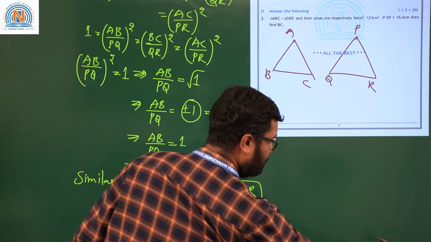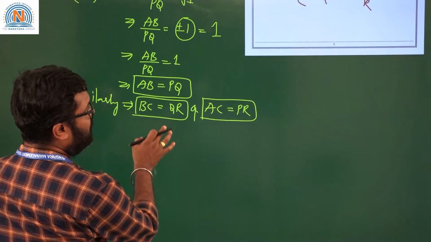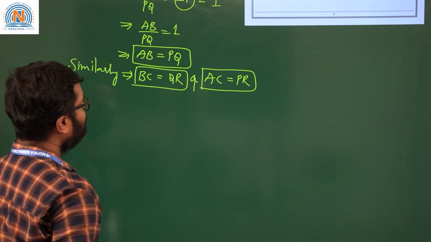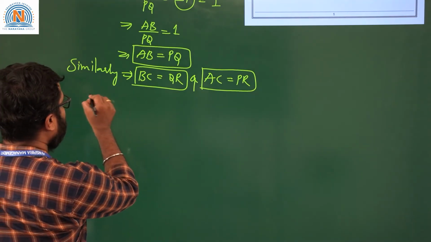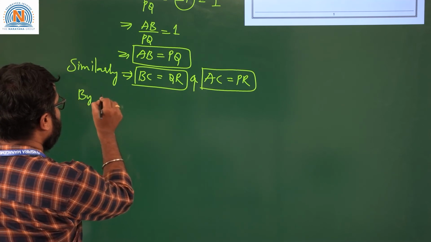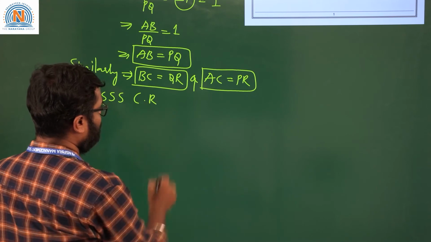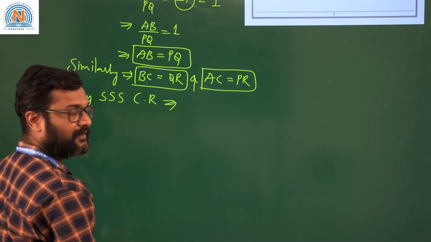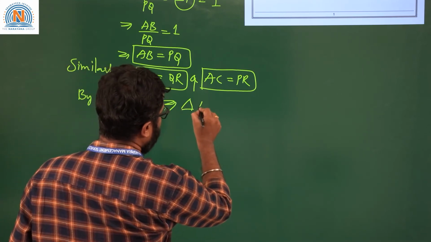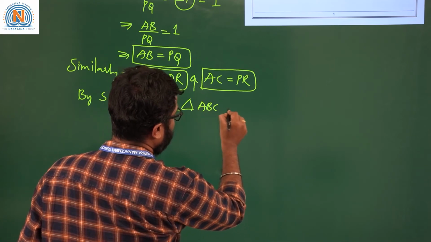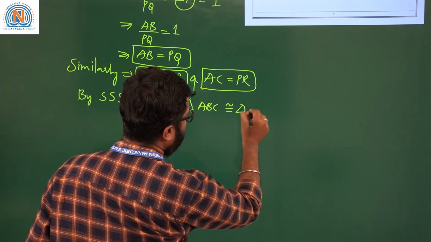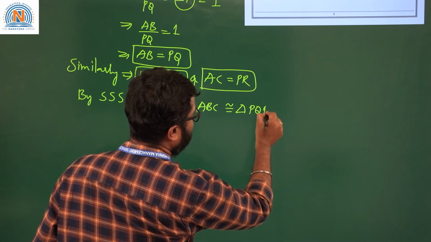Now children, see here, we got corresponding sides are equal, isn't it? So that means what? By SSS congruency rule, what can we say? Triangle ABC is congruent to triangle PQR, isn't it?